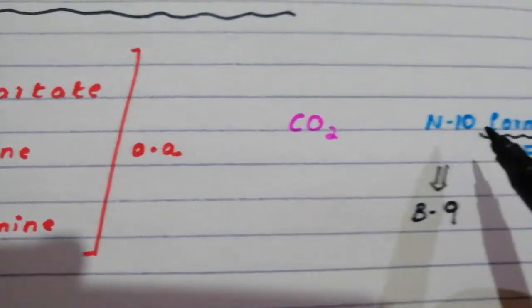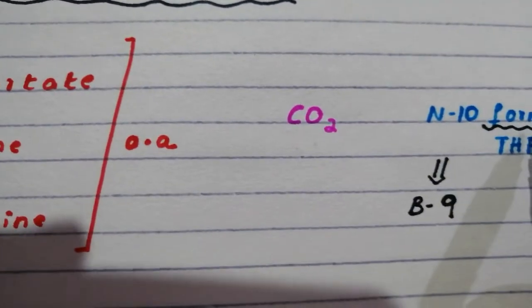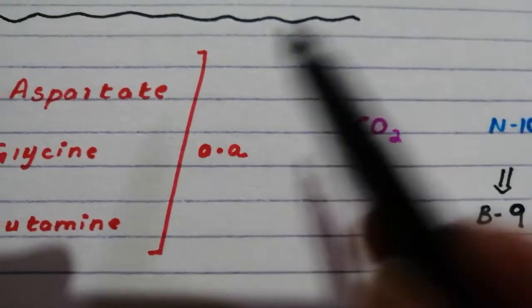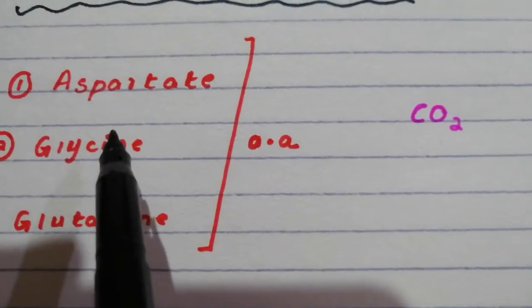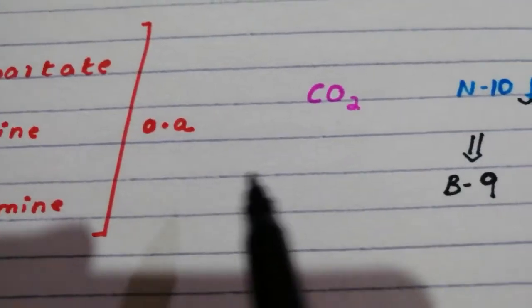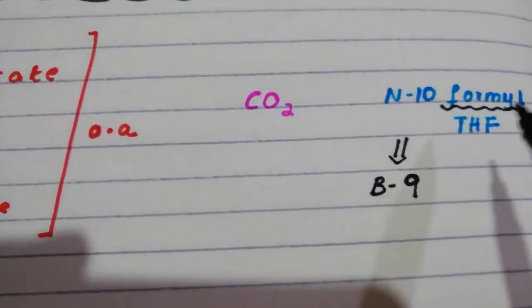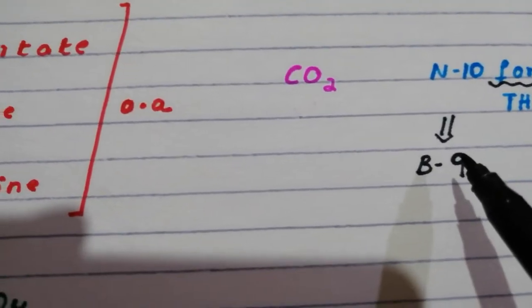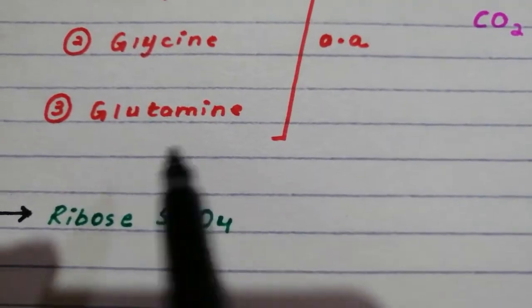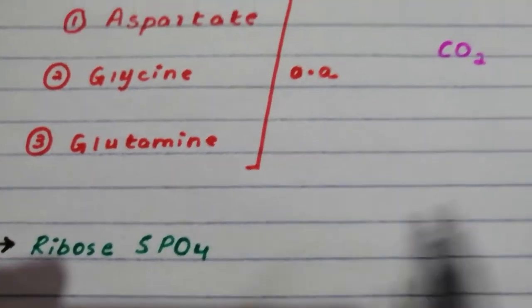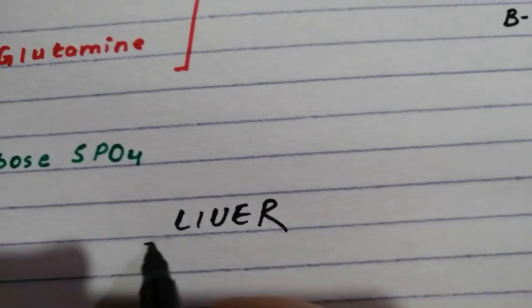The CO2 and the formyl group will be contributing the carbon. Now all of these carbons and the nitrogens derived from aspartate, glycine, glutamine, CO2 and the N10-formyl THF molecules will be added to a pre-existing molecule of ribose 5-phosphate. So you must never forget this, and all of this will be happening where? In the liver, interestingly. That is something you must not forget.